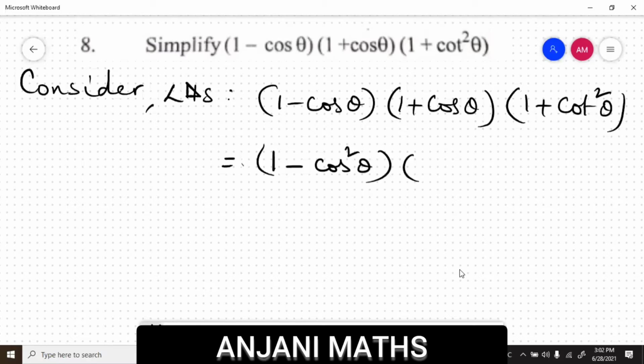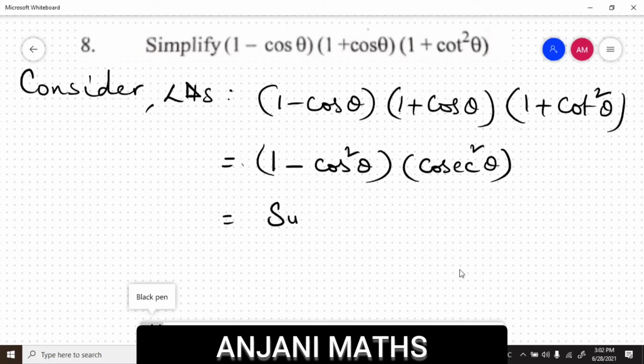into, what is 1 plus cot square theta? What's the identity in terms of cot square? Cosecant square theta minus cot square theta equal to 1. So what is 1 plus cot square theta? From the trigonometric identity, we can write it as cosecant square theta. From the first trigonometric identity, what is 1 minus cos square theta?